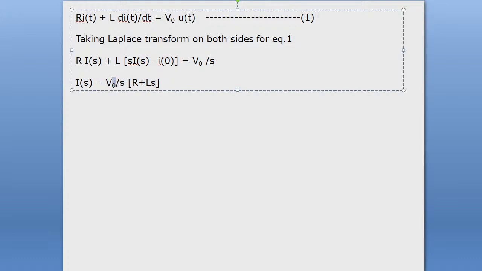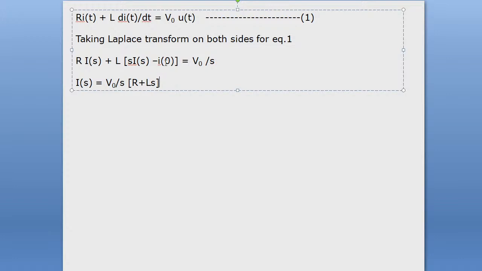Everyone write I(s) in terms of the remaining factors: V naught divided by s into (R plus Ls).